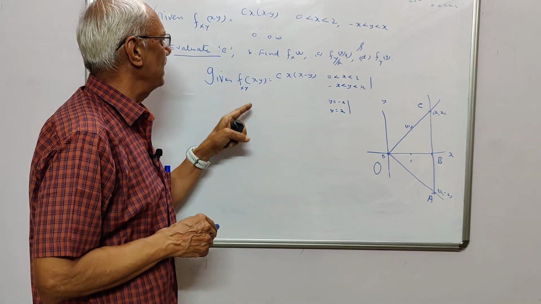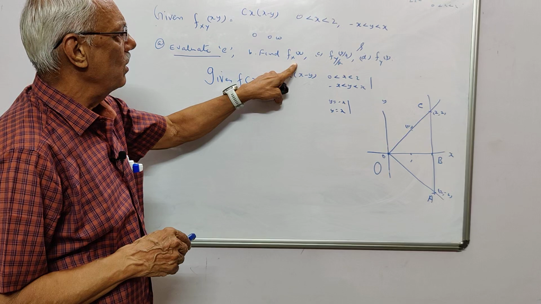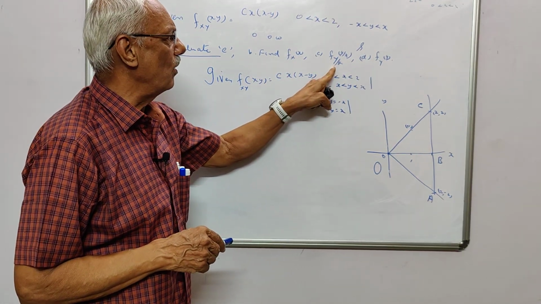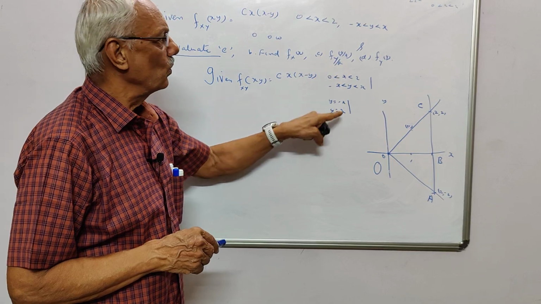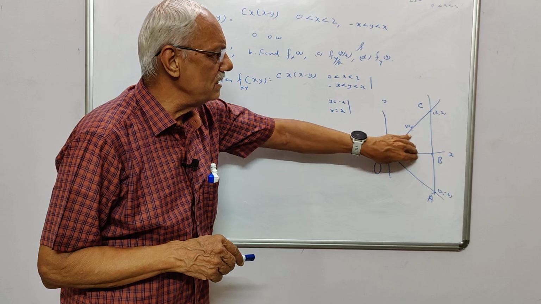Here you have to find the marginal density of x, the marginal density of y, and the conditional probability of y given x. All these things have to be done only in this domain, and not elsewhere.